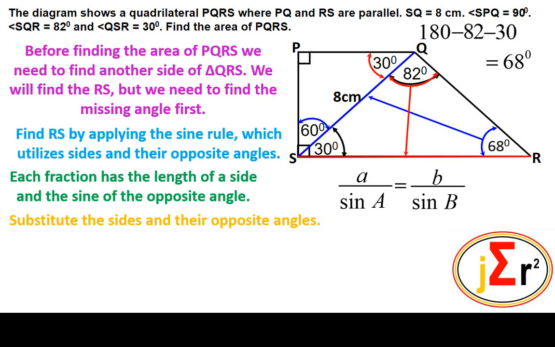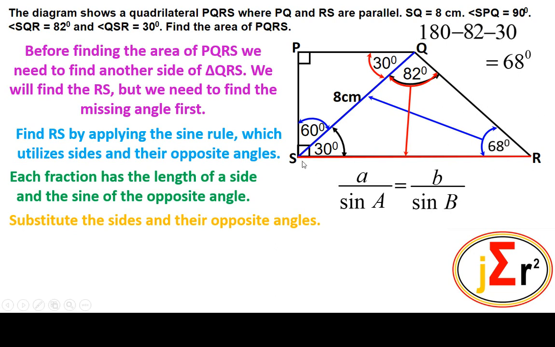And for sure, that is the case here, as we have 8 centimeters and the angle opposite to it is 68 degrees. That is what we need to take note of first when we are applying the sine rule, that we have a known side and the angle opposite to it has to be known also. Then, whatever we need to find, side or angle, then the one opposite to it has to be known.